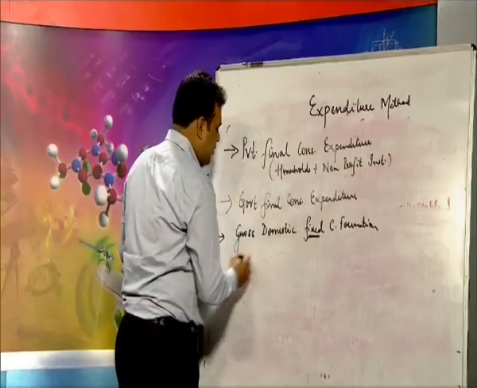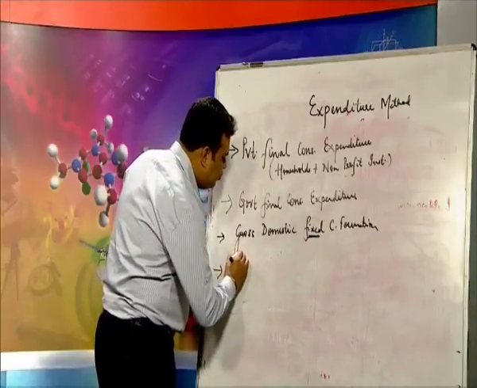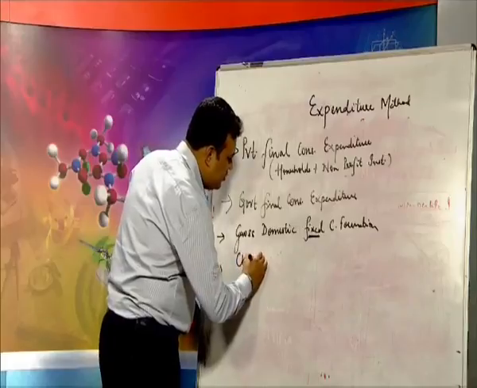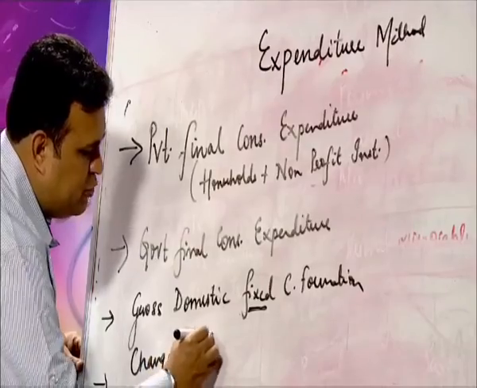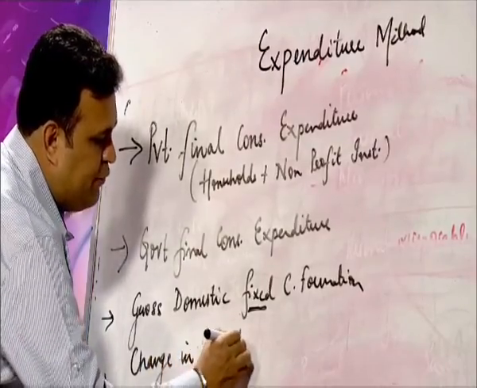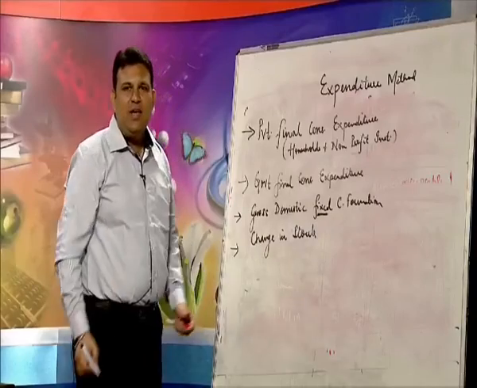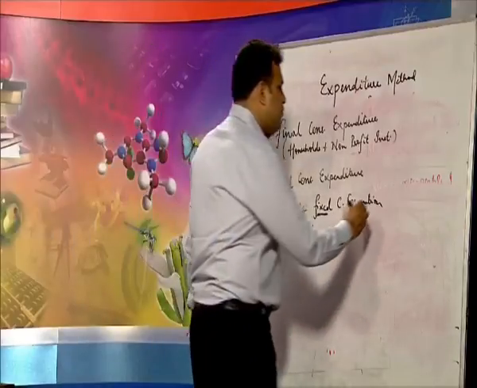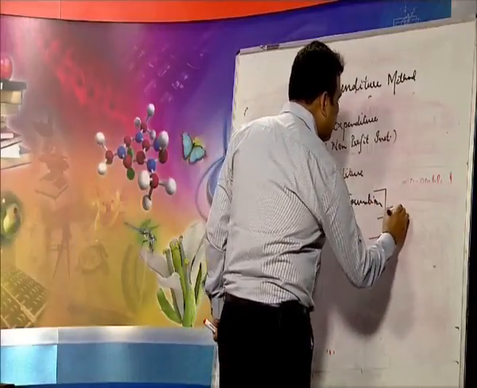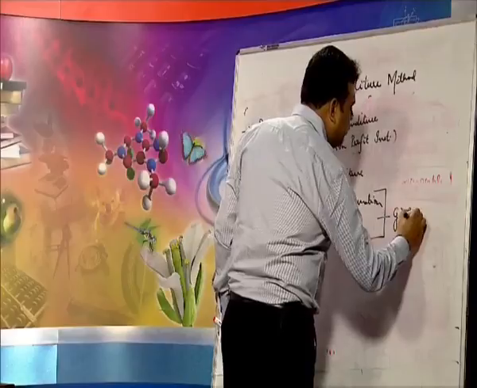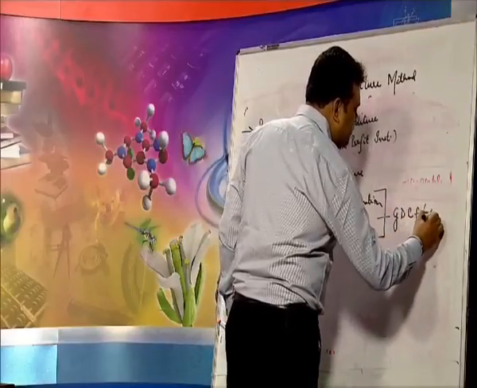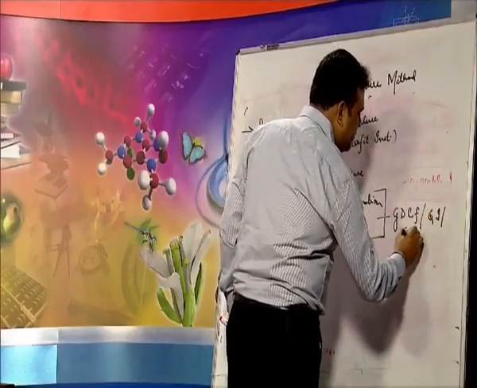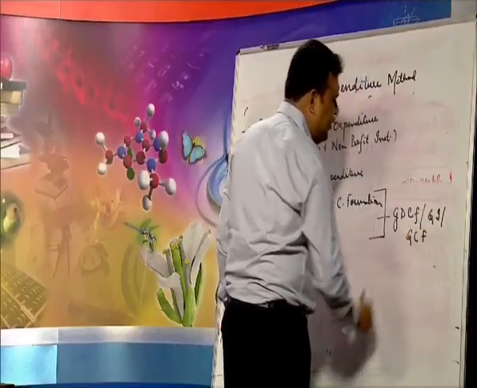So this is fixed. If it is fixed, you have to take change in stock, that is your inventory. If you are holding or stocking any inventory, that is also the part of capital formation. So both these together will give you the value of gross domestic capital formation, gross investment or gross capital formation.